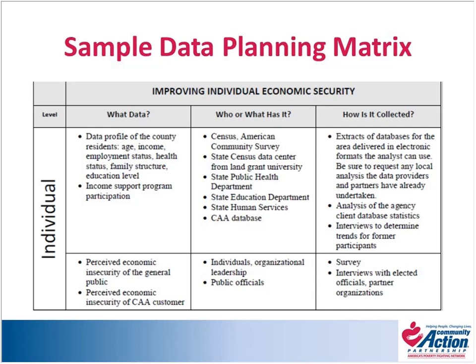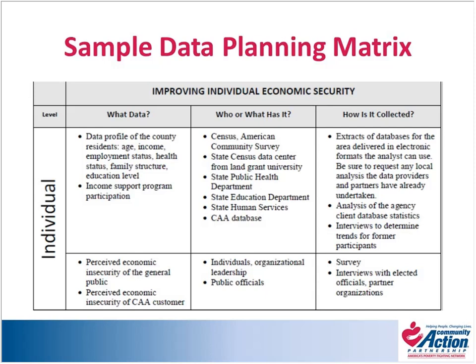And then also looking at income support program participation. So those are the types of data you might focus in on, and that's all quantitative. If you notice, that would be numbers. Then down in the next row, you have an example of the data you might want to collect: the perceived economic insecurity of the general public, or the perceived economic insecurity of the community action agency customer.